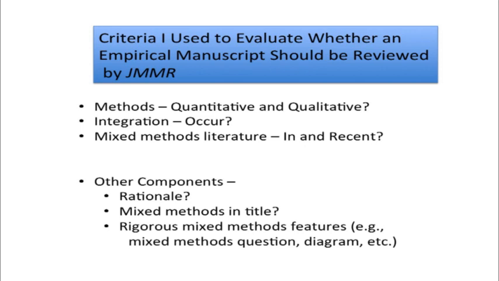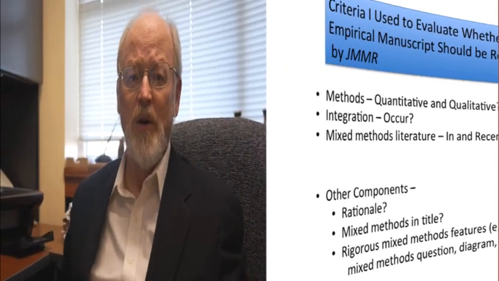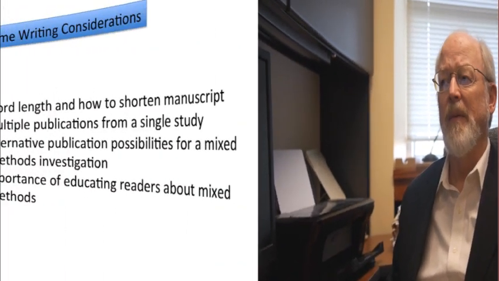And I was also interested in how rigorous their various mixed methods features were. Did they have rigorous quantitative methods, rigorous qualitative methods? Did they have a mixed methods research question? Did they use some of the more advanced analysis procedures like joint displays? So this was kind of the list that I used to determine whether an article should go out for review.